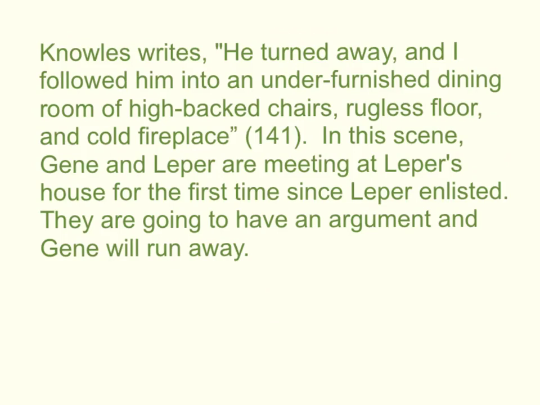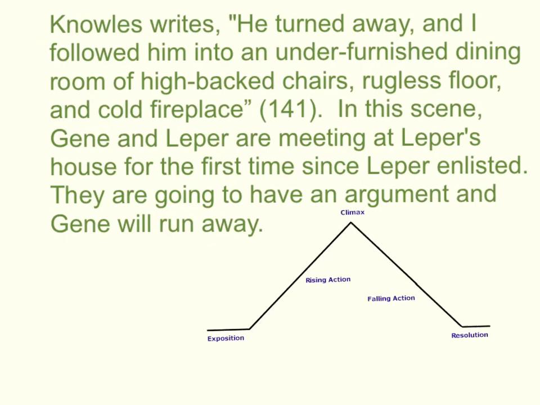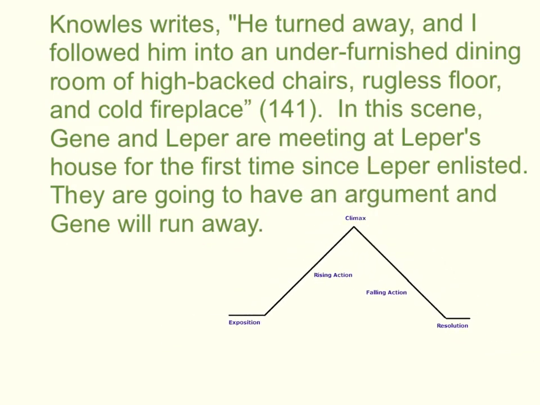They are going to have an argument, and Gene will run away. Again, inexperienced writers might think that it seems logical to include this information. But remember who your reader or audience is. Your teacher. I promise she, or he, knows where in the plot this scene takes place. Reasoning, not summary, should follow evidence.